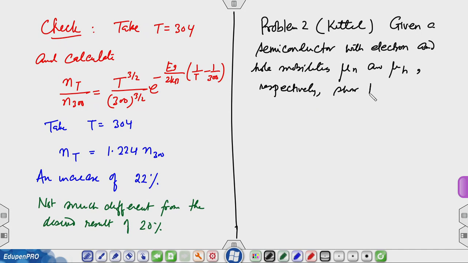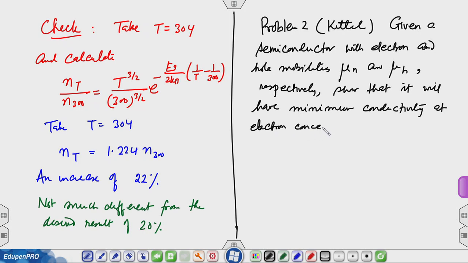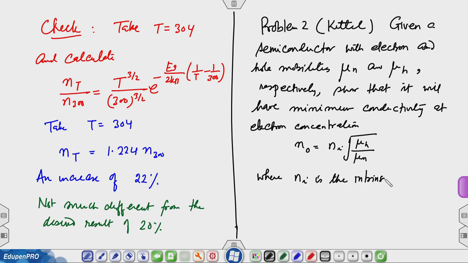show that it will have minimum conductivity at electron concentration n0 equals Ni square root of mu_h divided by mu_n, where Ni is the intrinsic electron concentration.